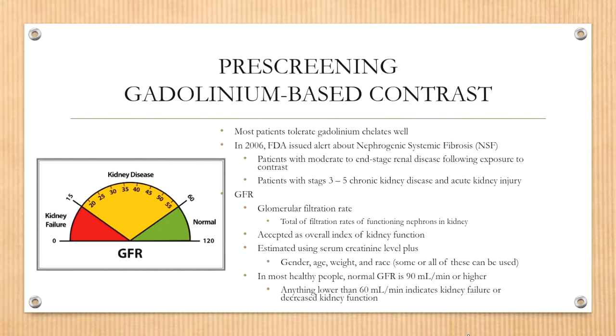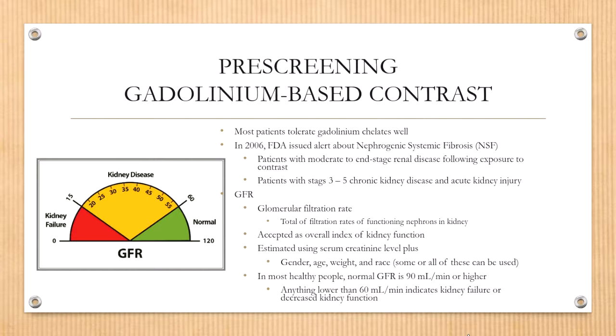Patients that have moderate to end-stage renal disease presented as one of the first cases that had this NSF situation happen. And then also patients that had stages 3 through 5 chronic kidney disease or acute kidney injury also presented with symptoms of NSF. And so the FDA issued an alert saying these are the patients that you need to be more cautious of when you are injecting any contrast agent.